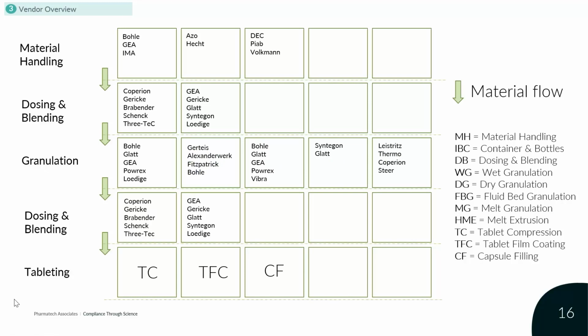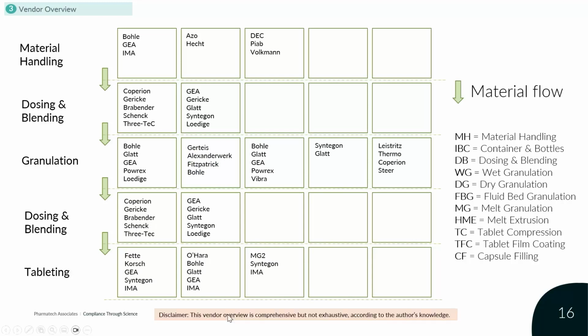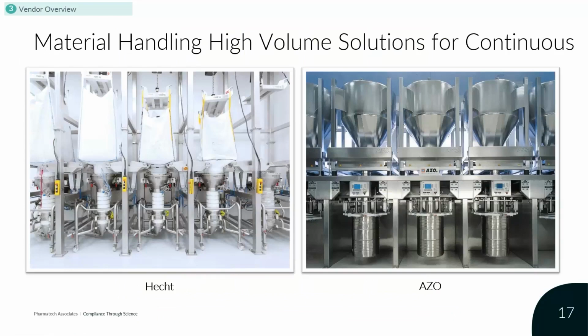And I will, in this overview, show some cases and give you some guidance on what might be important to select. So a very important disclaimer here as well: this is not an exhaustive list. I know there are some more companies out there, but I think these are the most prominent companies. So let's start with material handling.